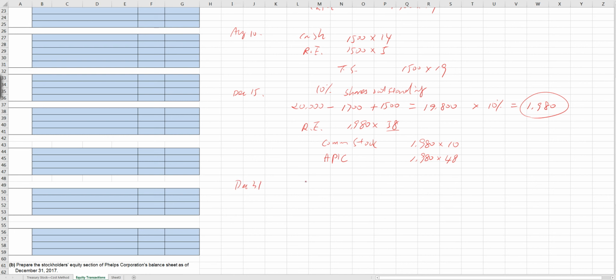So again, we're going to check how many shares outstanding, because all the cash dividends are based on shares outstanding. So after December 15 transaction, we will have these many common stock outstanding.